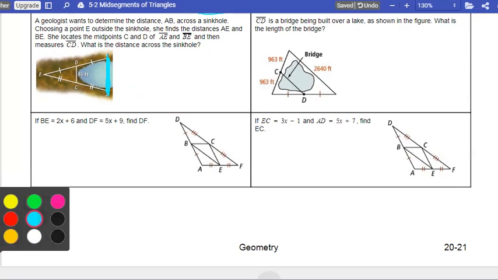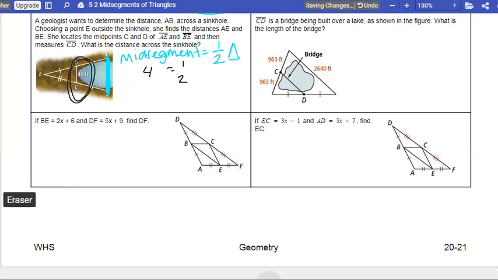So remember, our mid-segment is half as long as our piece of our triangle. The mid-segment is the middle part of our triangle, which would be this piece right here. So 46 is half as long as our triangle.